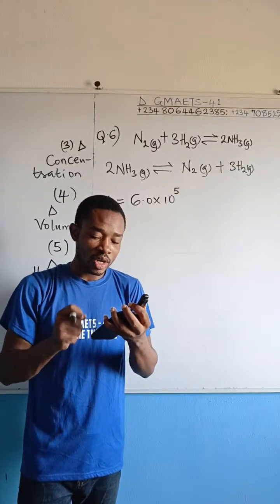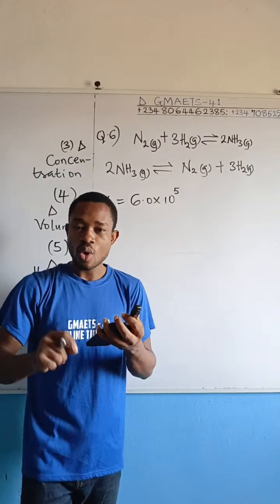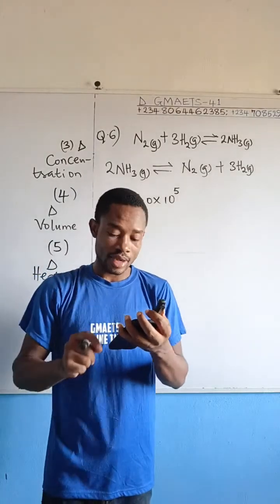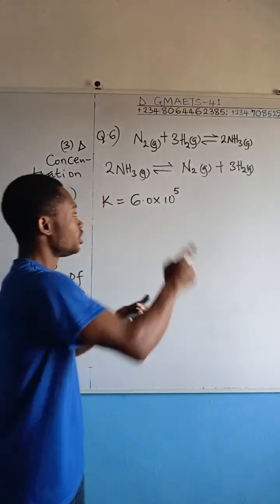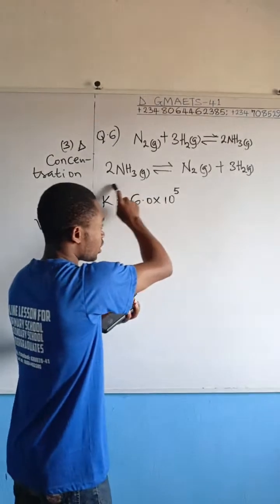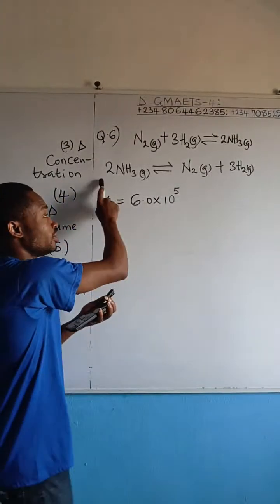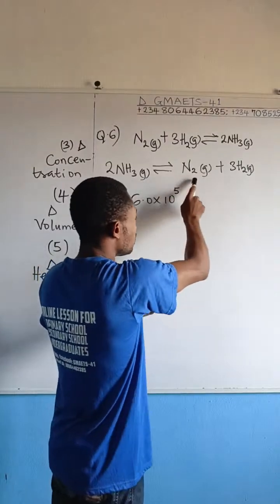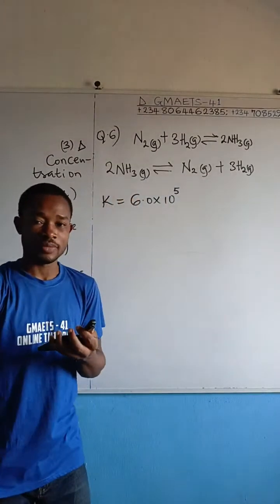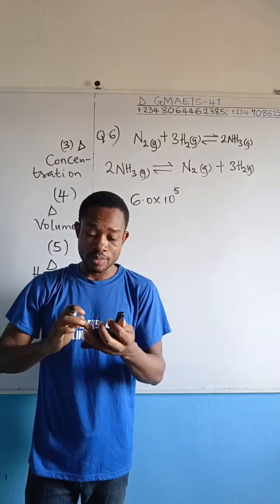What is the equilibrium constant K for the second reaction, ammonia producing nitrogen gas and hydrogen gas reversibly? What is going to be the equilibrium constant?